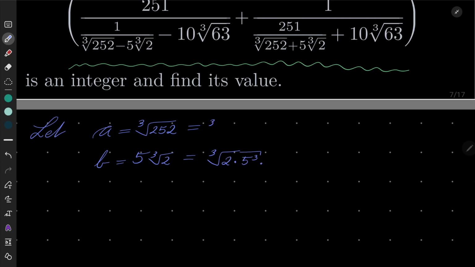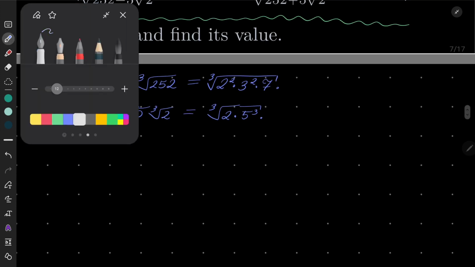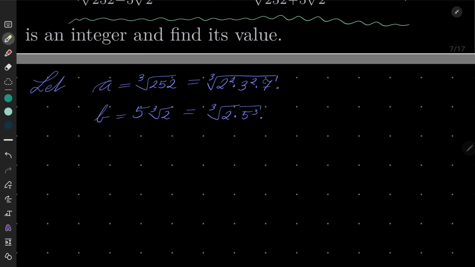And the first factorization, after some calculation, is 2 to the second power times 3 to the second power times 7, I believe. Okay. And now let's compute a times b, a cubed plus b cubed, and a cubed minus b cubed. Let's start with the first one.